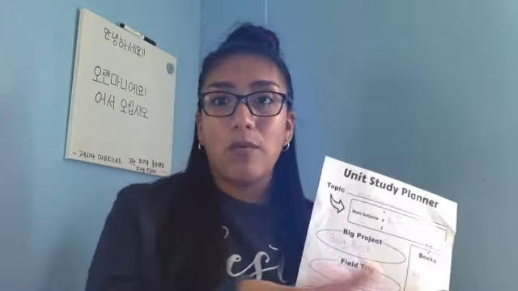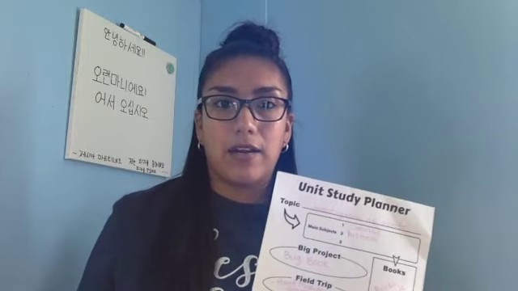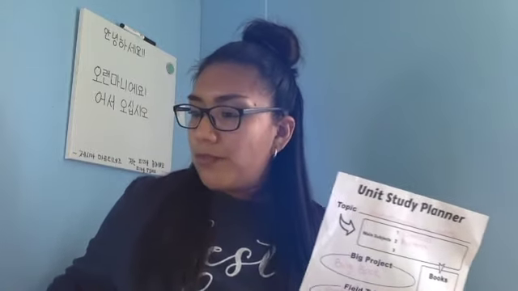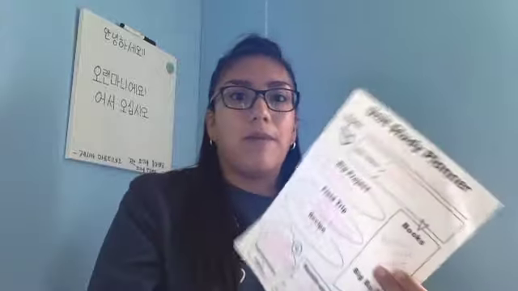So we're going to get a shoebox and we're going to put styrofoam in there, and whenever we find any dead insects, we're going to pin them in our shoebox, in our styrofoam, and we're going to label it. So we're going to have to research and find out what type of insect it is, what the name is, and we will write it down and put it in our box, and then that way we will have a collection to see later. So I'm going to add that as a big project as well.